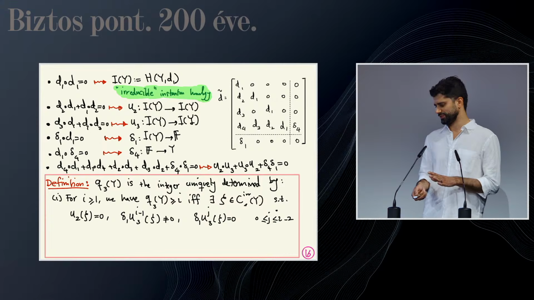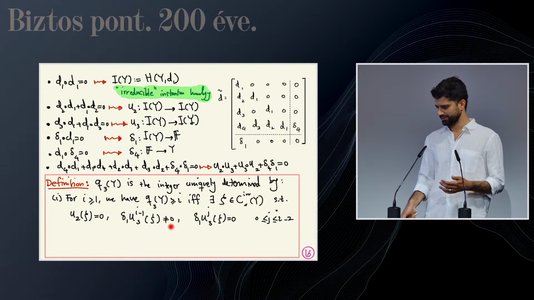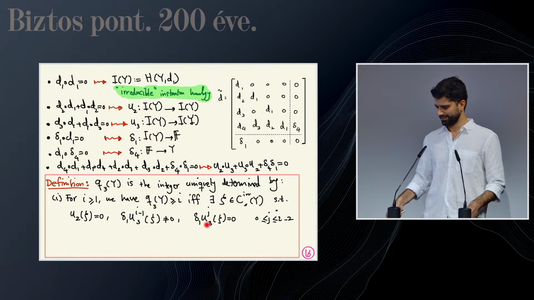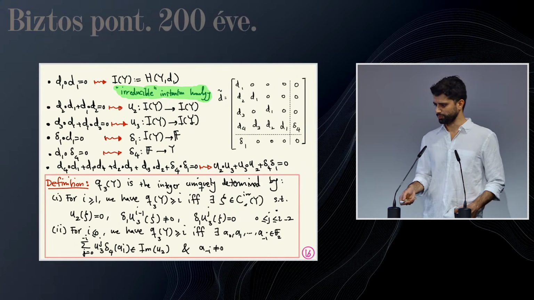Here the definition just says that when your invariant is greater than or equal to i, it should satisfy a bunch of relations which seem to me kind of arbitrary, but they have some more conceptual meaning, which unfortunately I don't have time to talk about. But let's just stare at the definition for a second and move on. The point is that there's a very explicit definition in terms of these operators.